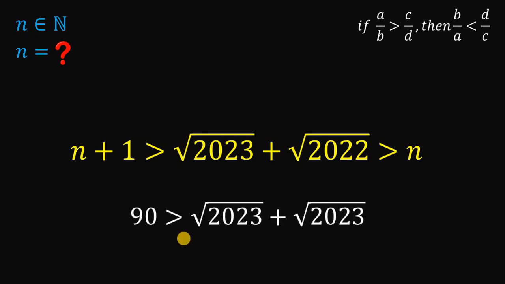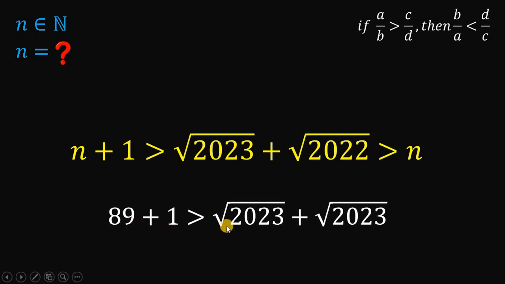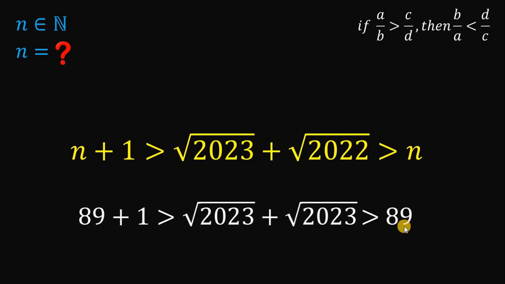And now, since this expression, square root of 2023 plus square root of 2023, is less than 90, and 90 can be written as 89 plus 1, therefore, we can say that square root of 2023 plus square root of 2023 must be greater than 89.